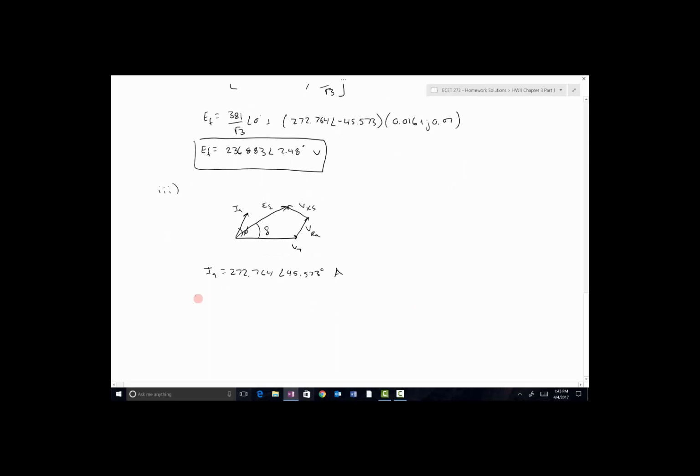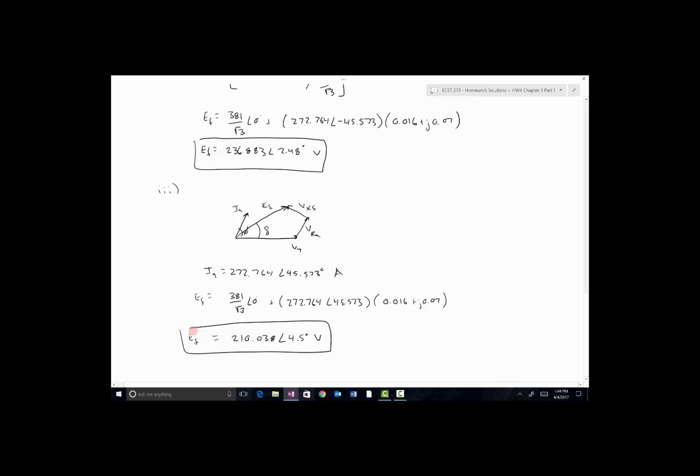Now we can quickly calculate the excitation voltage, which is just going to be 381 over root 3, angle 0, plus this current, 272.764 at an angle of 45.573, multiplied by the synchronous impedance, 0.016 plus j0.07 ohms, and you get an excitation voltage of 210.038 at an angle of 4.5 degrees volts for EF.